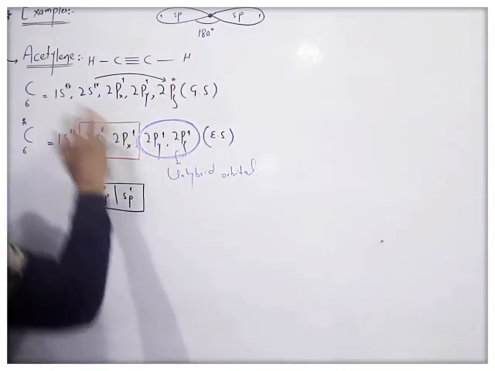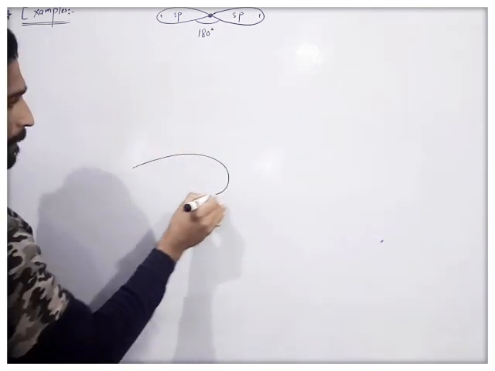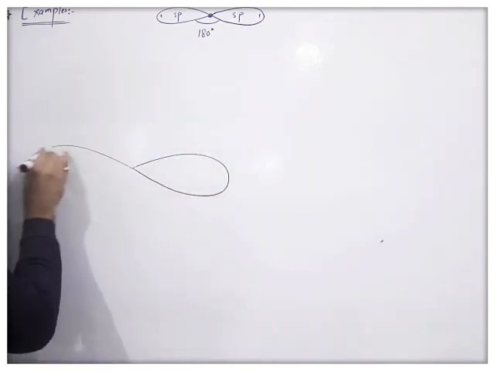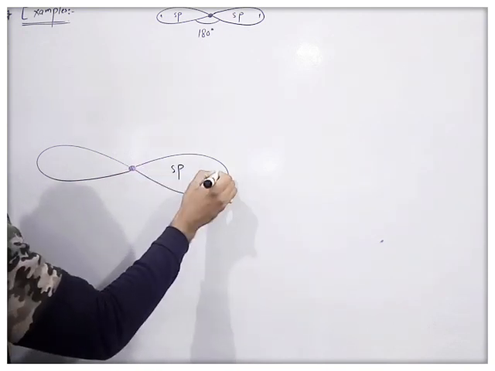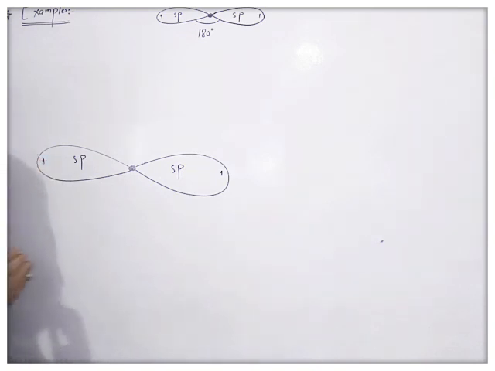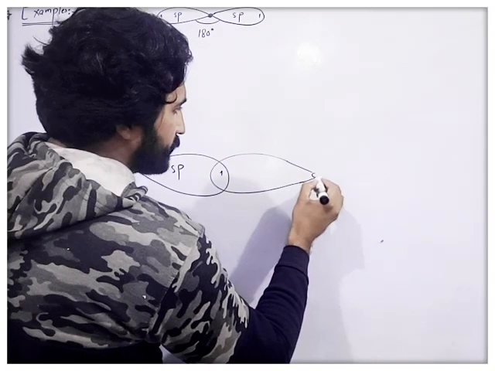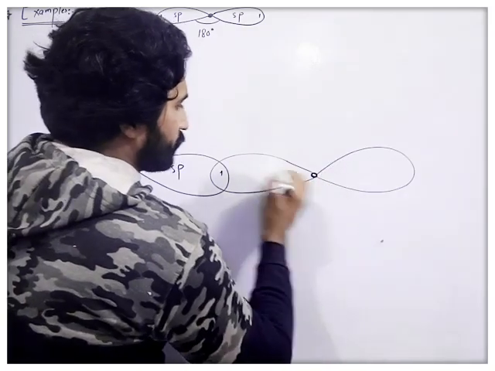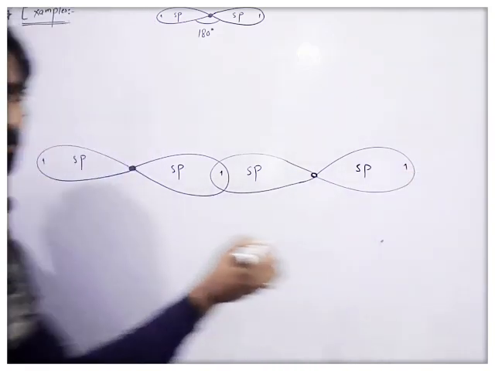If we see the structure of acetylene, here each sp hybrid carbon has one electron.